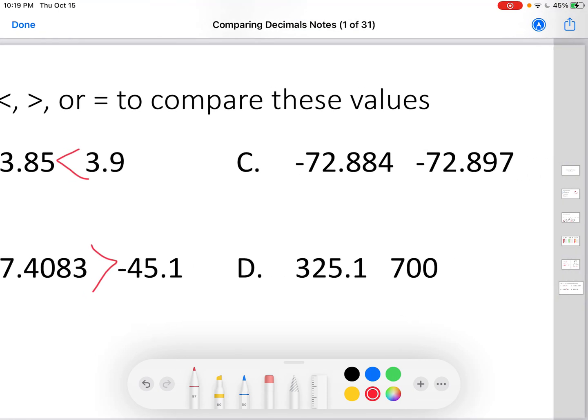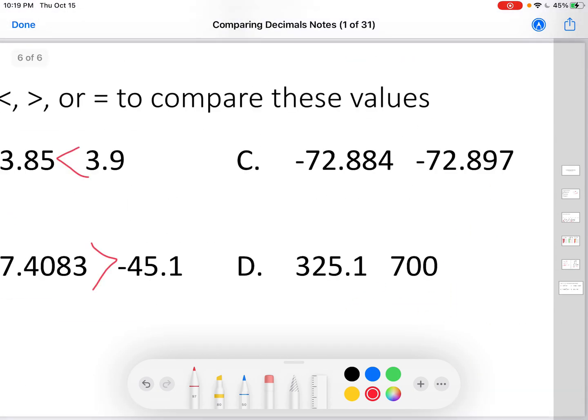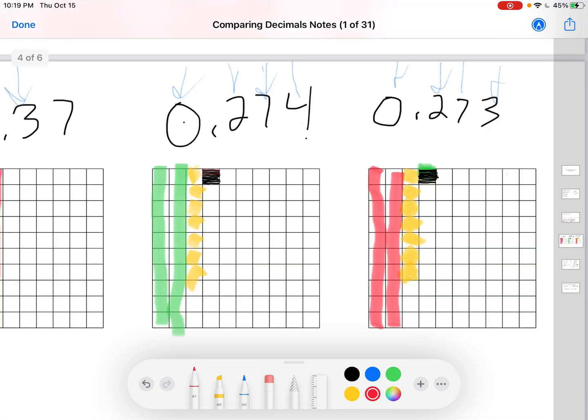These are both negative, so now we want the less negative one to be greater. The less negative one will be greater. Negative, negative, 7 is 7, 2 is 2, 8 is 8, 8 is 9. 9 is more negative than 8 in the hundredths place. The fact that there's a 7 there and a 4 there, ignore it. It's too small. Imagine it's these grids.